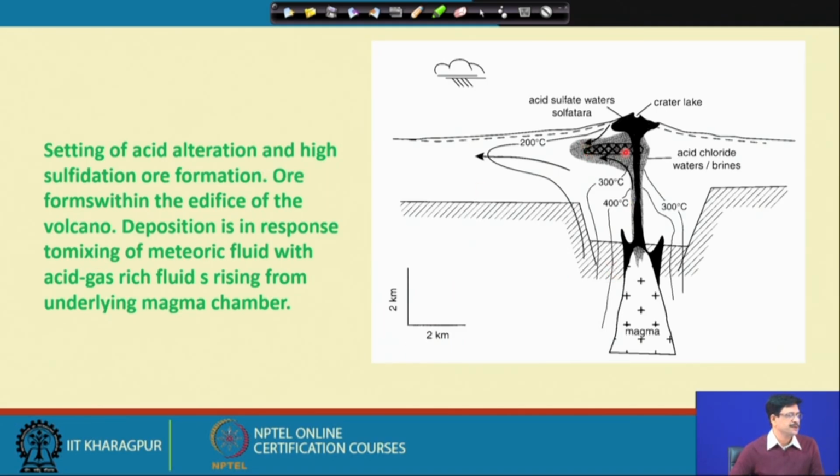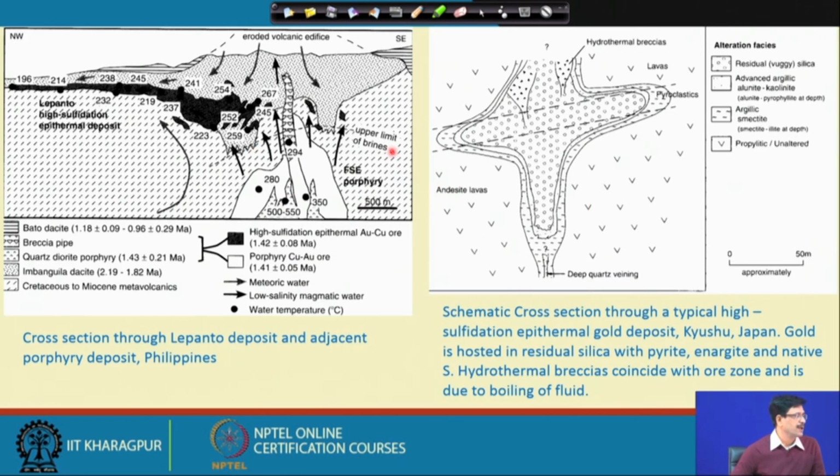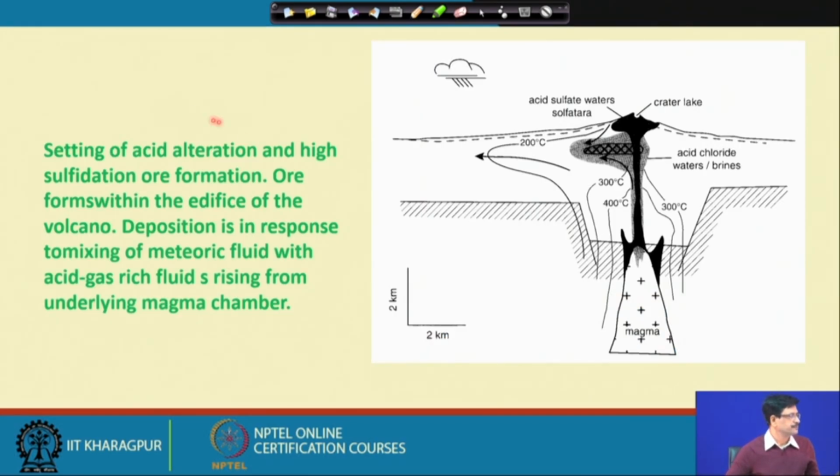Here this zone is the formation of the ore, and this is the crater lake, and the temperature contours are shown. As we can see here, the ore fluid generally is highly saline. Below this there is a zone of higher concentration brines compared to the ones causing the mineralization, which is effectively diluted by meteoric water during the process of mineralization.